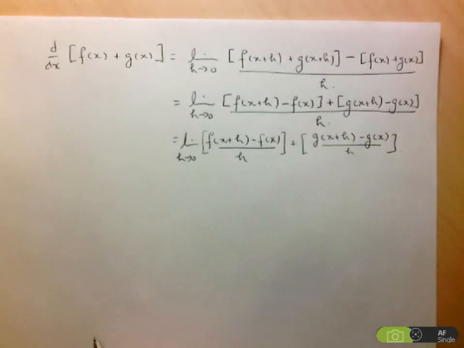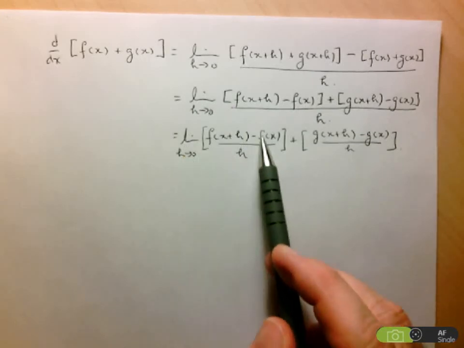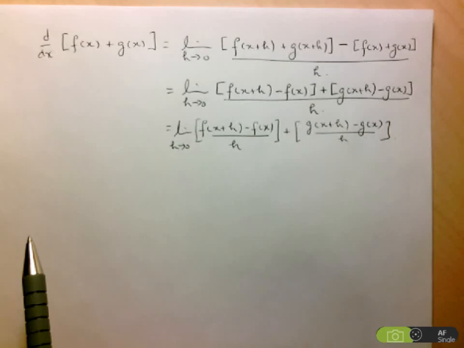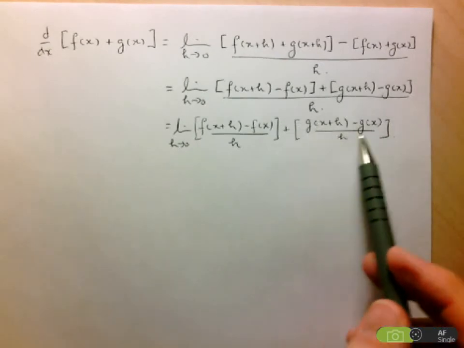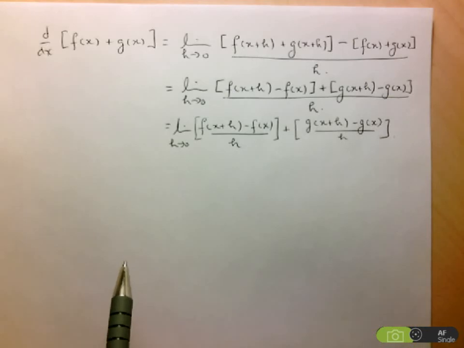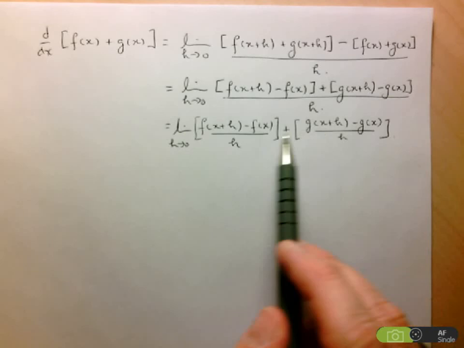Okay, so now I've written this as the limit of this expression here, which hopefully you recognize is the expression in the derivative of f, plus this expression here, which is part of the derivative of g. But this is the limit of the sum of two functions.